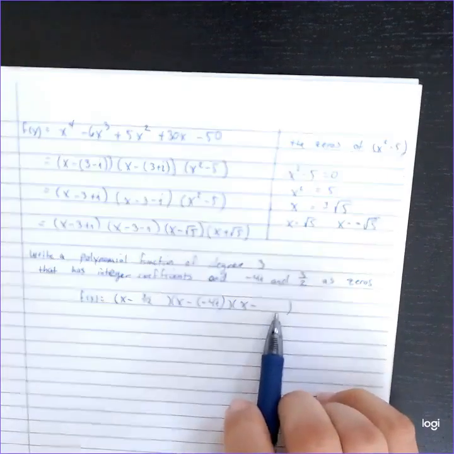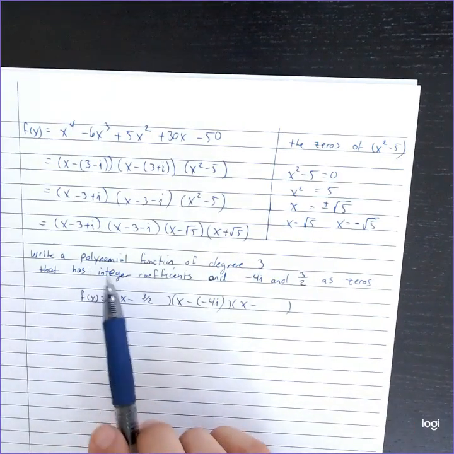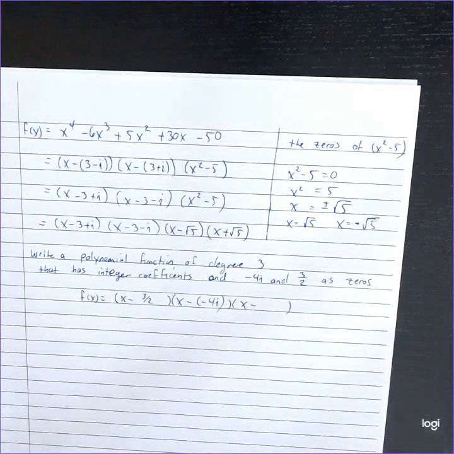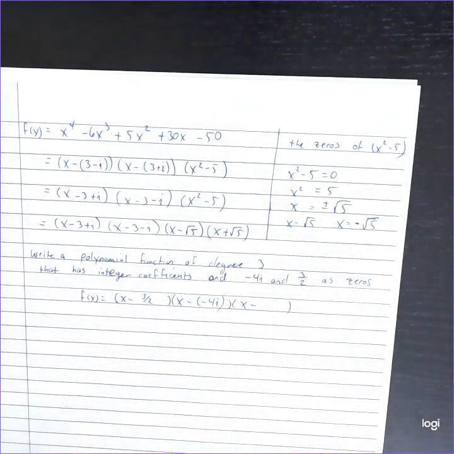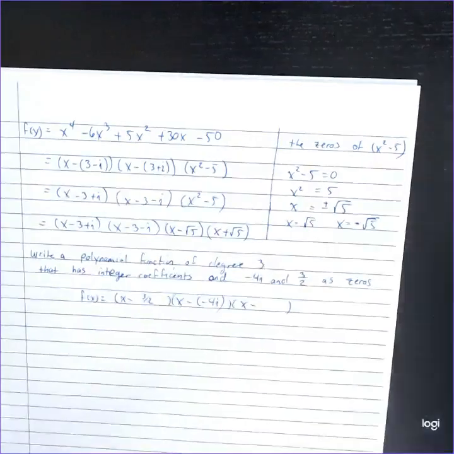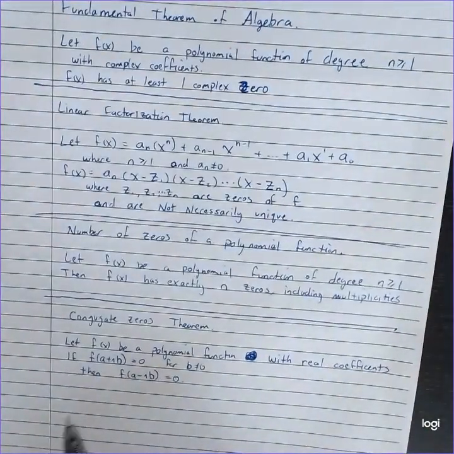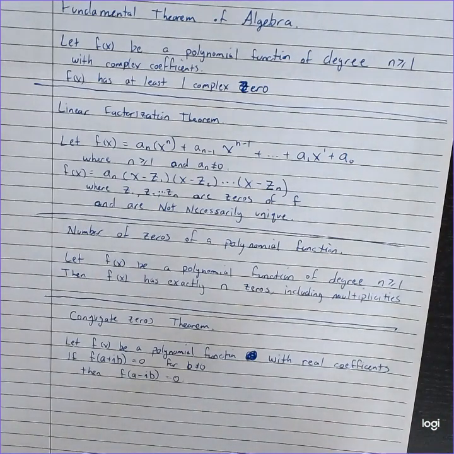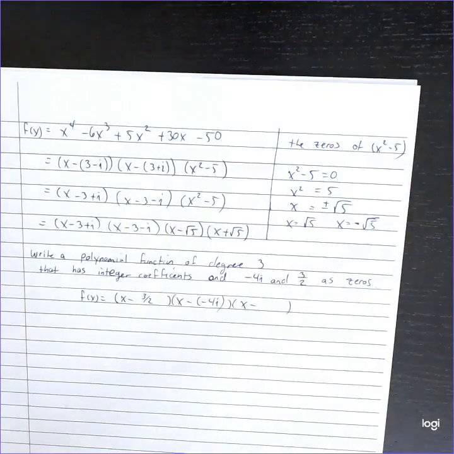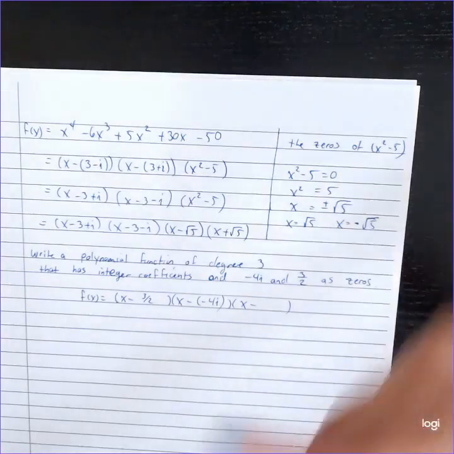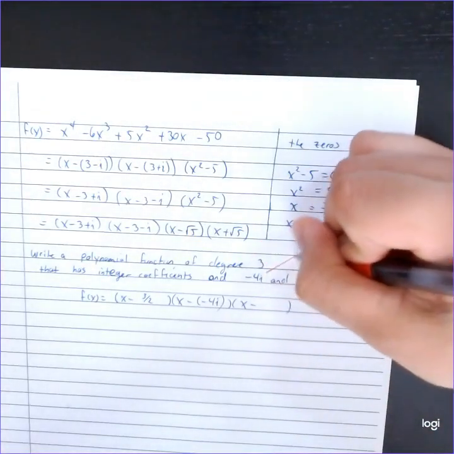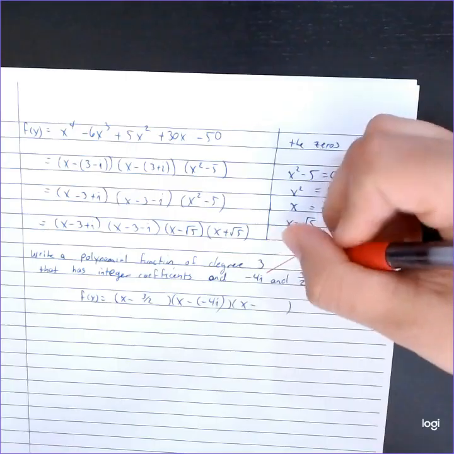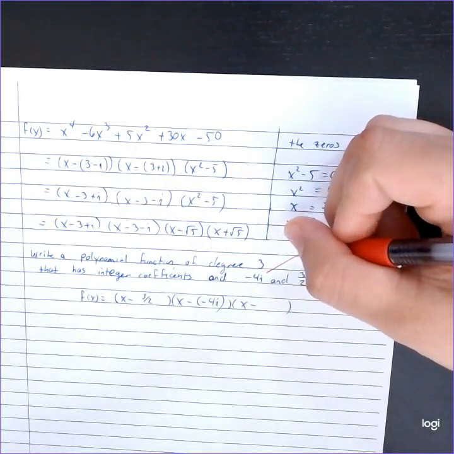But now what about this one? Well, note, it says that we have integer coefficients. That's where our conjugate zeros theorem comes in. The conjugate zeros theorem says if you have a polynomial function with real coefficients, and integers are real numbers, then if you have a complex zero, its conjugate must also be a 0. So, by the conjugate zeros theorem, if negative 4i is a 0, you can think of negative 4i as being 0 minus 4i.